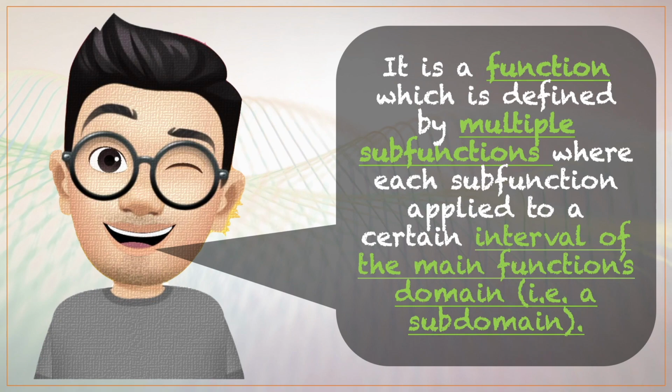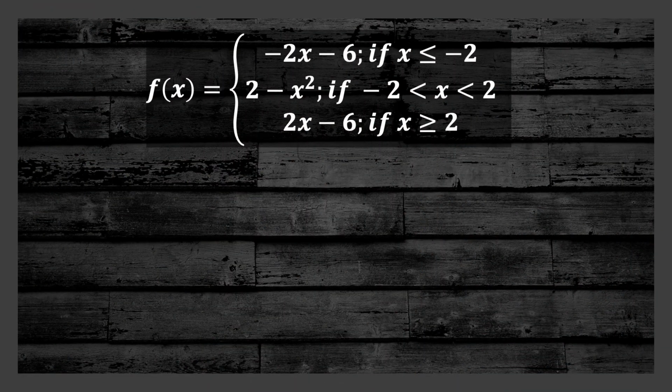f of x equals negative 2x minus 6 if x is less than or equal to negative 2, 2 minus x squared if negative 2 is less than x but x is less than positive 2, 2x minus 6 if x is greater than or equal to positive 2 is an example of a piecewise function.